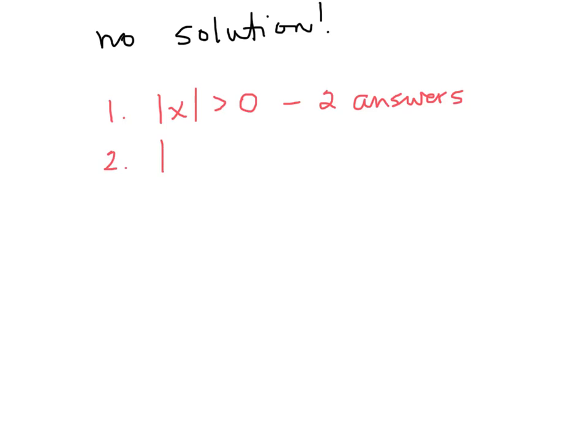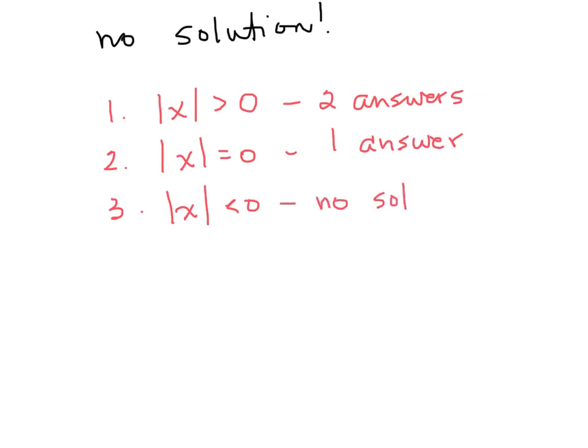Second thing we learned was if the absolute value is equal to 0, you will have one answer or one solution. And the third thing that you learned is if your absolute value is less than 0, if it is negative, there will be no solutions to this.